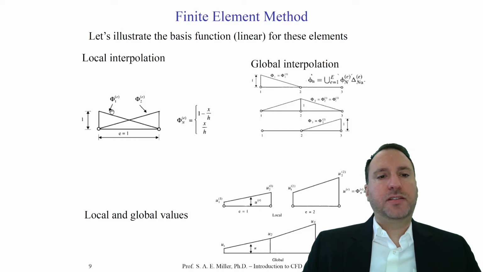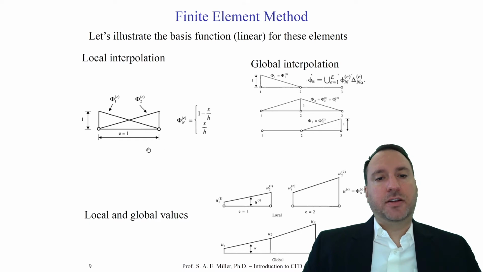And there'll be 2 basis functions because we have 2 nodes in this case. We'll call the first basis function phi1 for element E and the second basis function phi2 for element E. Their summation, phi1 plus phi2 at both nodes, as you can see, will be unity, as denoted here. And each basis function will be 0 at the corresponding nodes that are not its own node.